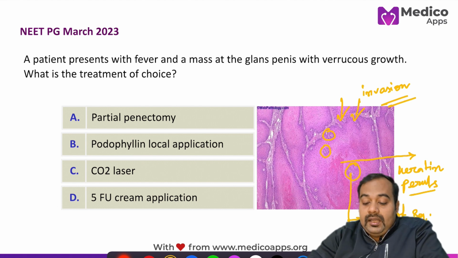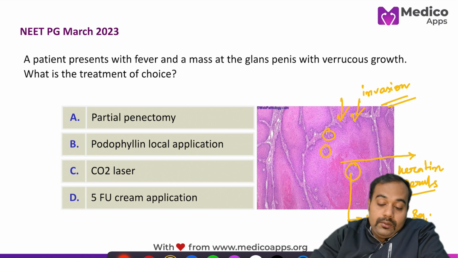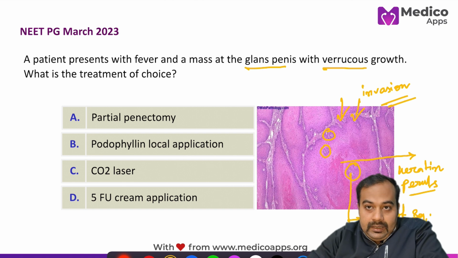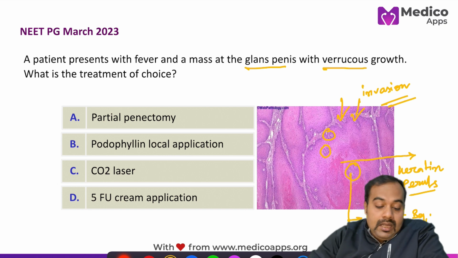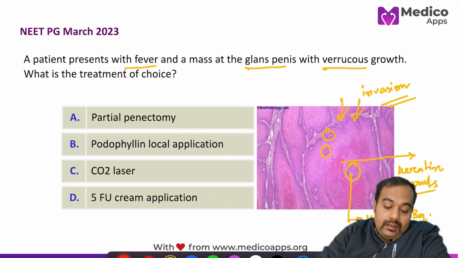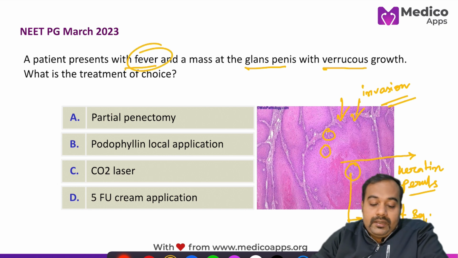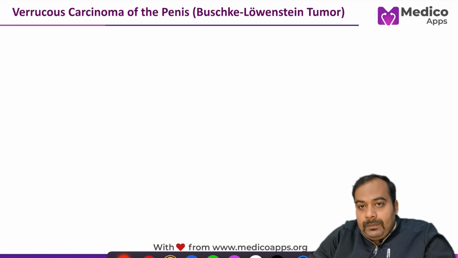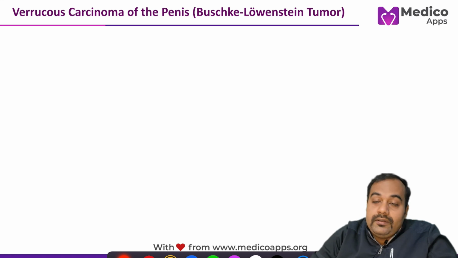From this image, we can easily conclude that the patient is suffering from a verrucous squamous cell cancer at the glans penis, which is a deeply invasive lesion. The patient presented with a fever as well. This kind of verrucous carcinoma of the penis is also known as the Buschke-Löwenstein tumor.